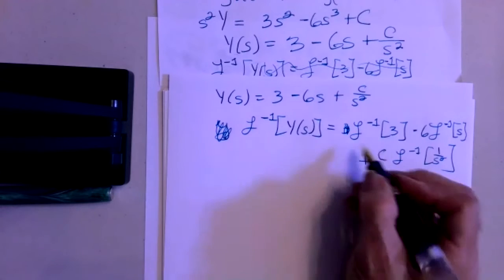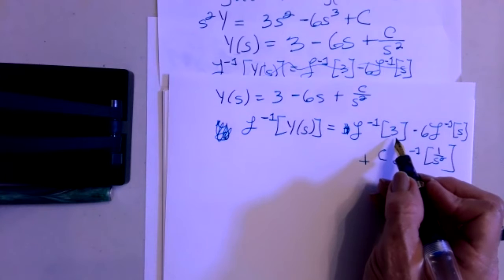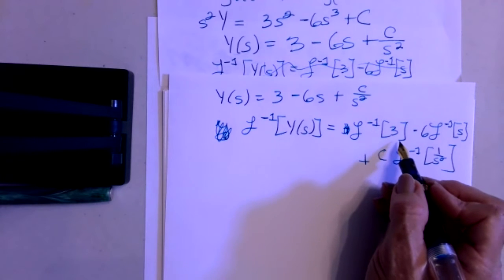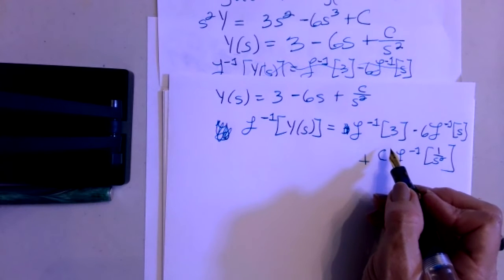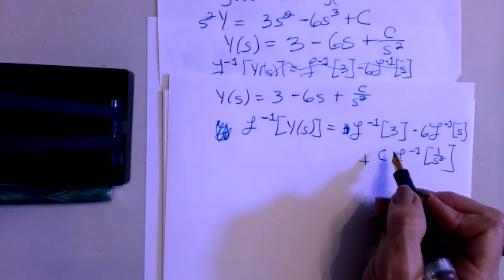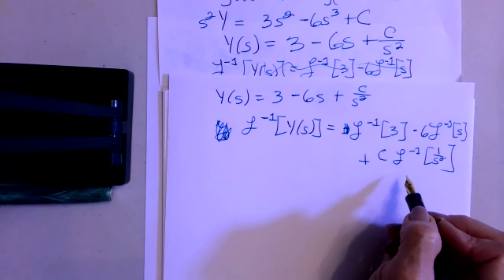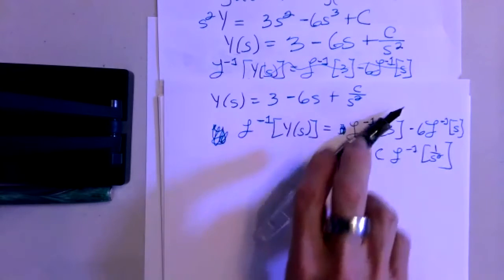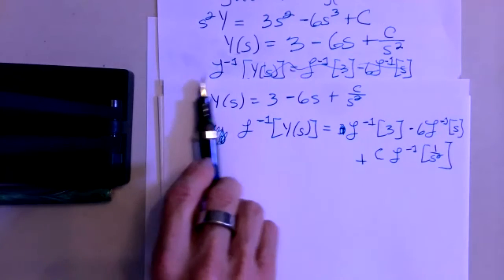So the first one is trivial because in the chart, if you look up the constant, well, they don't have that one listed. So you should have a different Laplace transform chart.